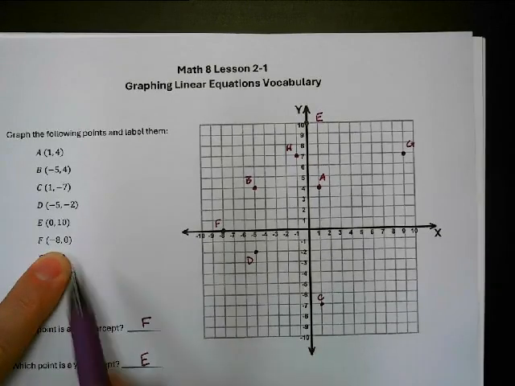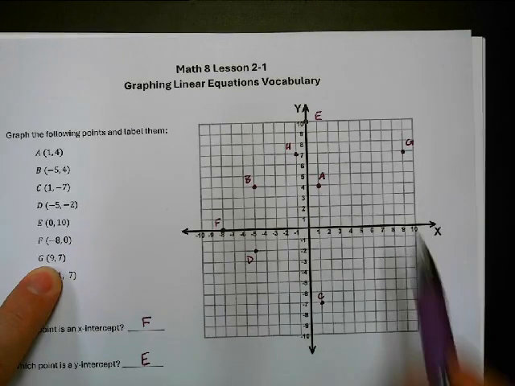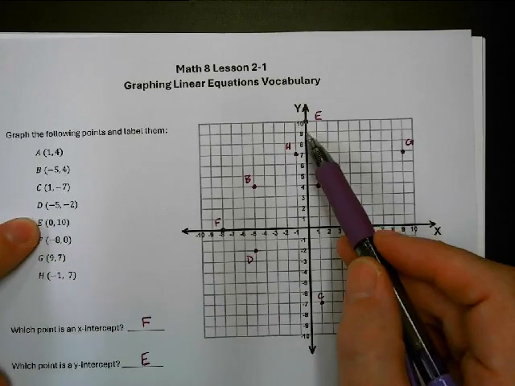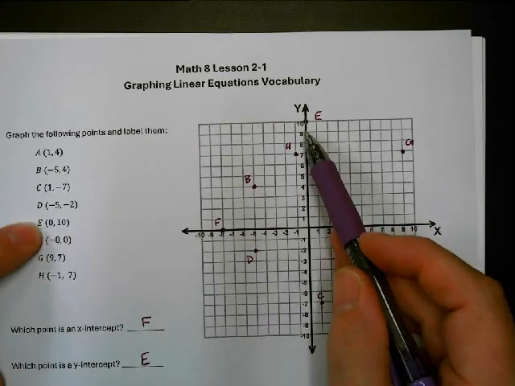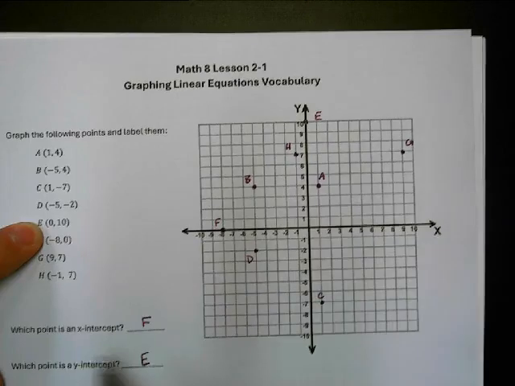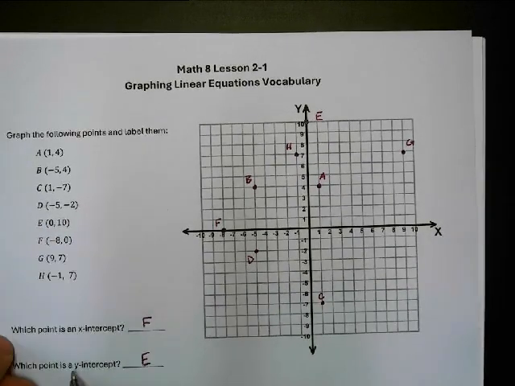However, on E, when it was a y-intercept, it's the x that's 0 instead. So when you have an x-intercept, the y ends up being 0. When you have a y-intercept, the x ends up being 0.